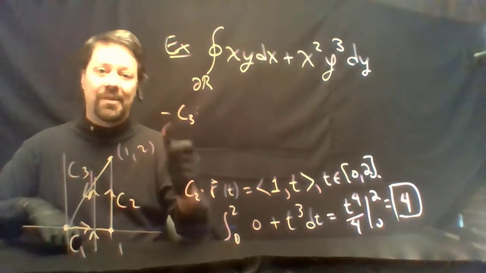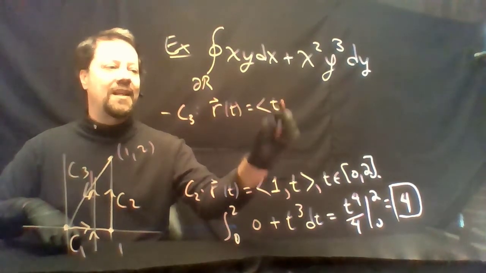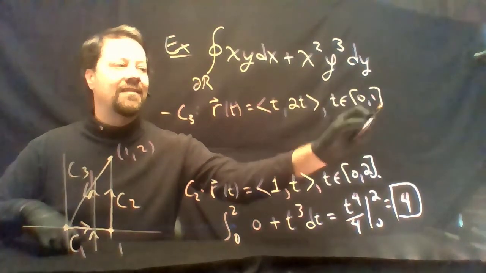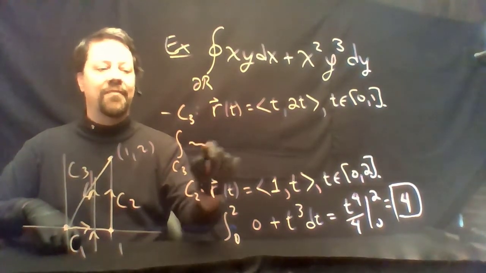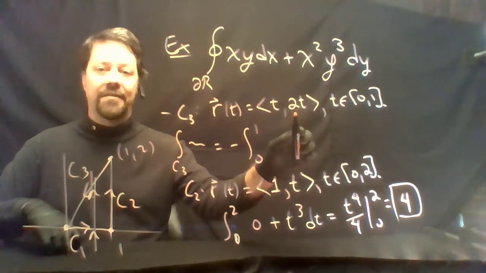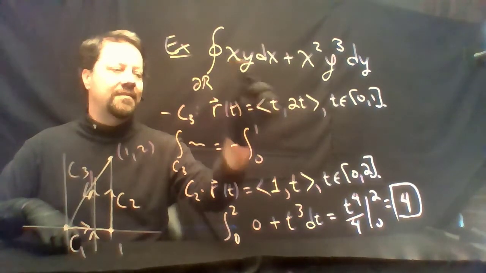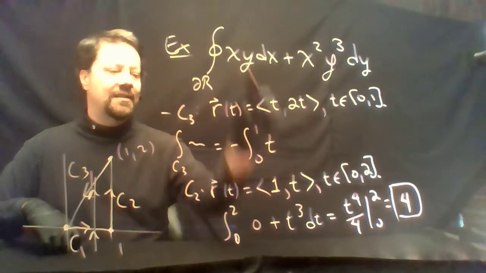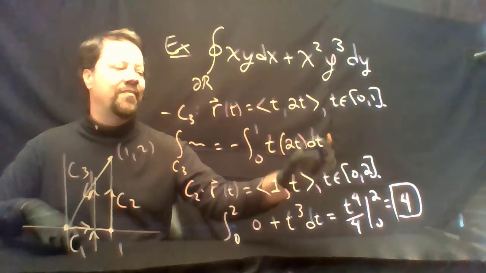It might be easier to parameterize minus C3 as r of t equals t, 2t, where t runs from 0 to 1. In this case, in order to get the integral in C3, we'll do minus the integral from 0 to 1 with r of t plugged in here. Notice that we will get t times 2t, dx is dt.